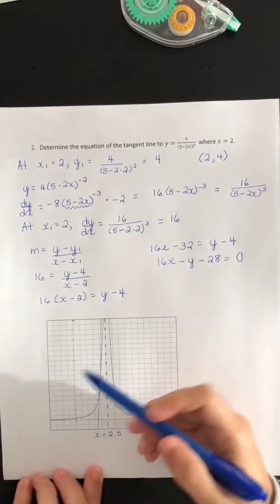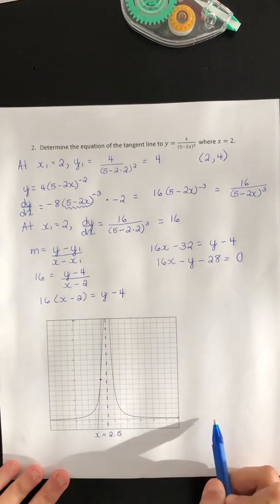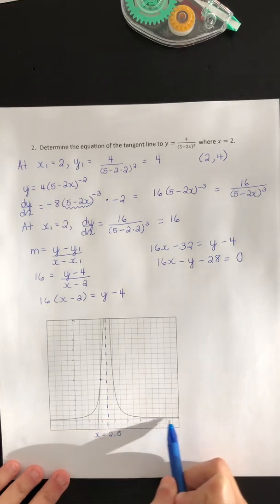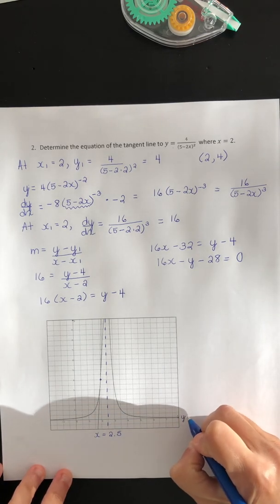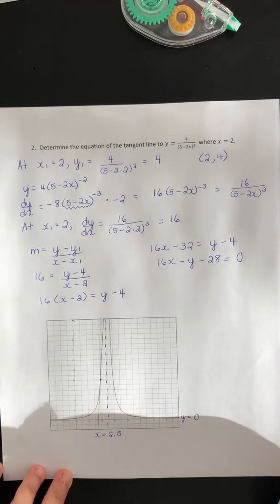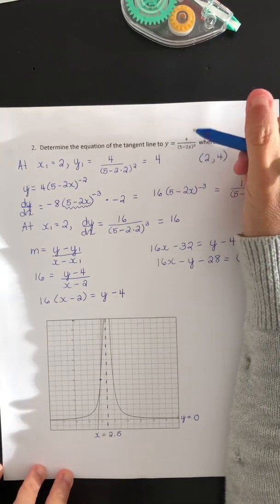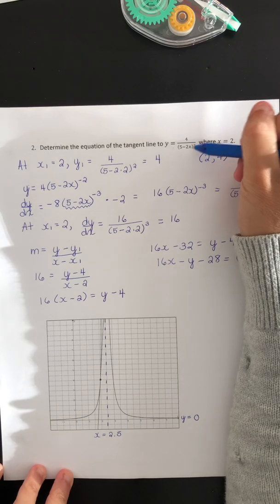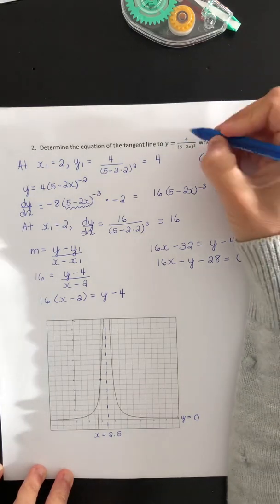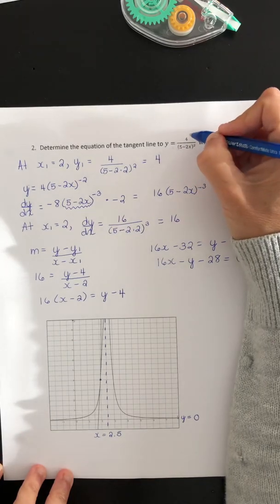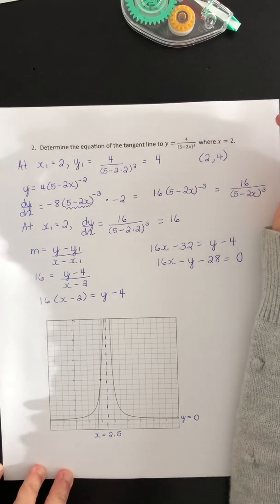And then we also have a horizontal one at y equals 0. So that's another line that the graph would never cross, the line y equals 0. That's the horizontal asymptote. And that's because there's nothing you could substitute for x here that would give you a y value equal to 0. In order to get an answer of 0 here, the denominator would have to be infinitely large.